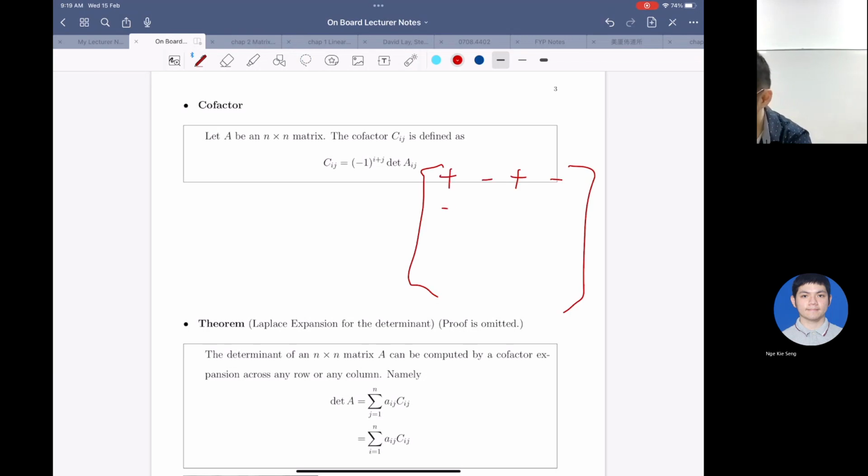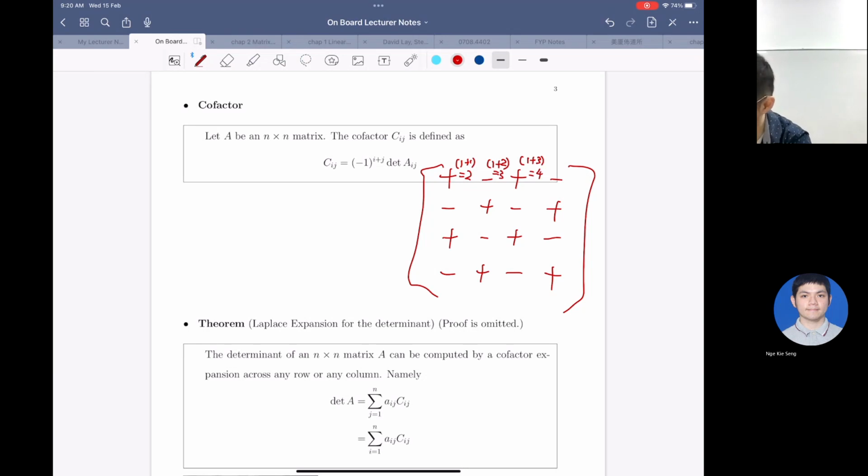Given a square matrix, there's an immediate way to see what the sign is. If you consider the 1,1 entry, 1 plus 1 is 2, so -1 to the power 2 is positive. Here it is 1 plus 2, which is 3, which is odd. Odd is negative, even is positive, and so on.